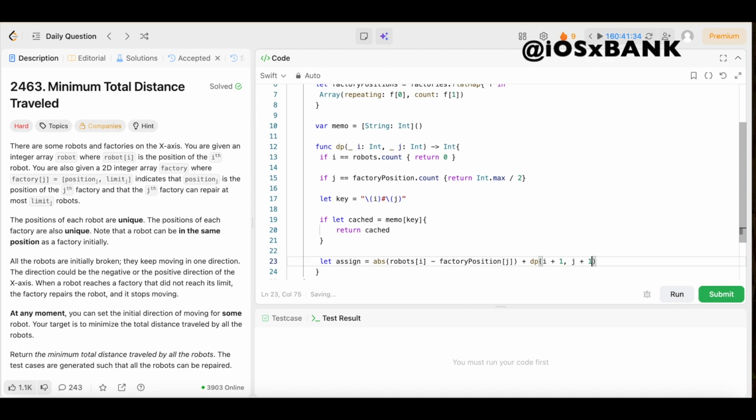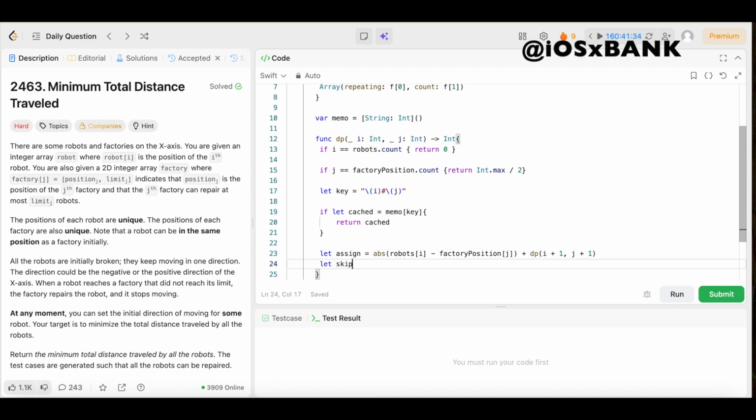Boom. Option 2, we're going to skip the current factory slot j and try assigning the current robot to a later slot. So we'll come underneath this, we're going to say let skip equal dp, open up the parentheses, i, comma, j plus 1. Boom, then we're going to take the minimum of assigning versus skipping.